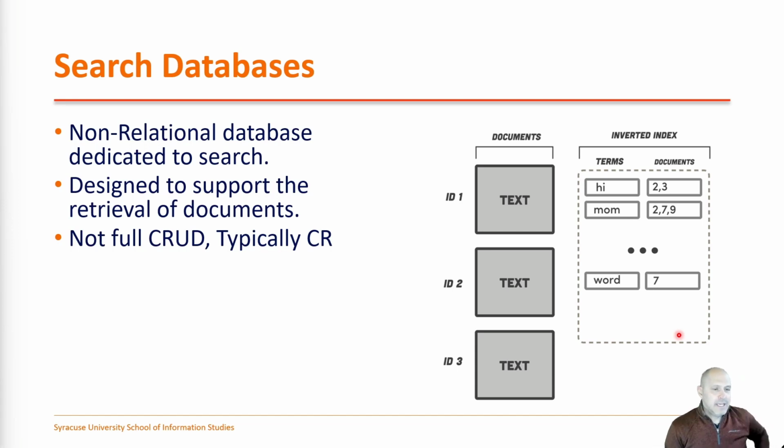As a matter of fact, search databases are generally used along with other databases. So you might take your data out of MongoDB and ship it to Elasticsearch so that it's easier to ad hoc query the data that was in MongoDB.